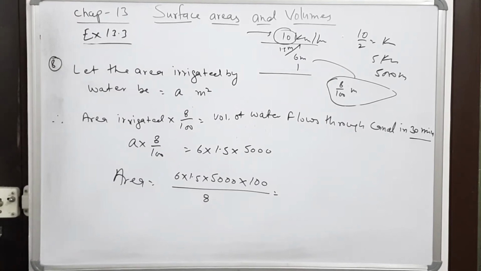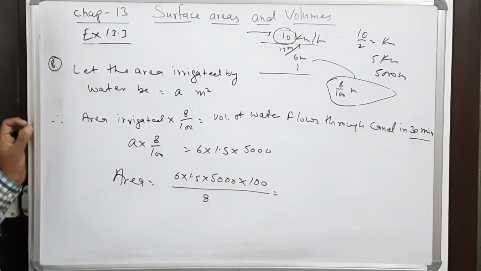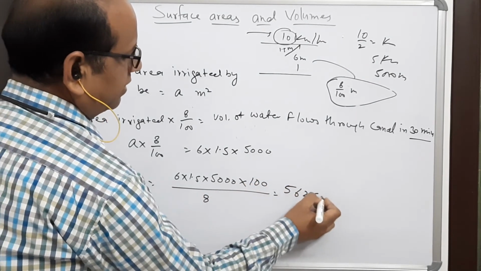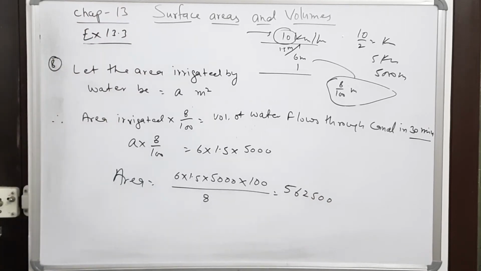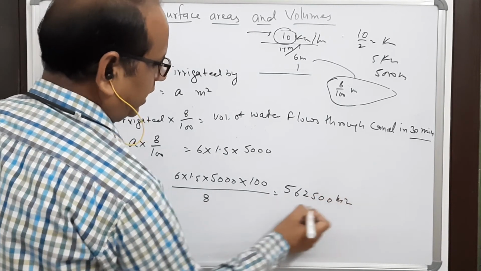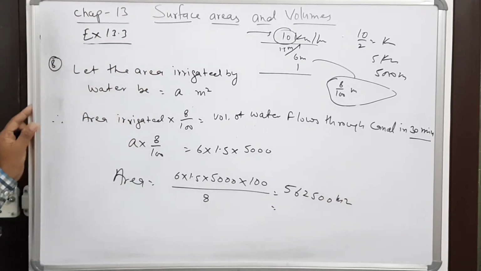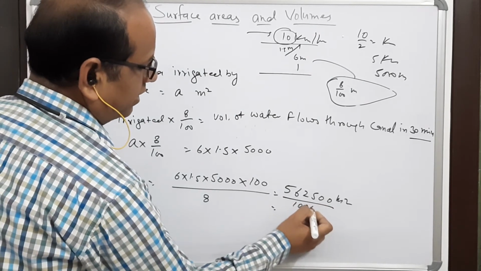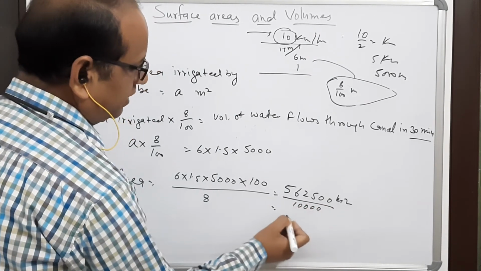Yes, and dear students, I hope it is not required to explain to you how to simplify this. This answer, if you simplify, is 56250 meter square. And it is a big area, so if you want to convert this into hectares, then divide it by 10,000, because in 1 hectare there are 10,000 square meters.